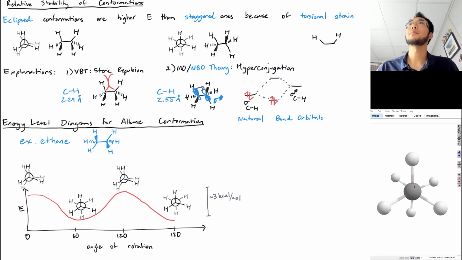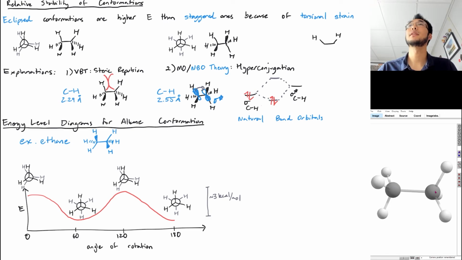I'll also show you this from the side just to give you a sense of that eclipsing interaction again. So here we have our molecule in staggered conformation, here it is eclipsed. You can appreciate how these relate to our line angle drawings.